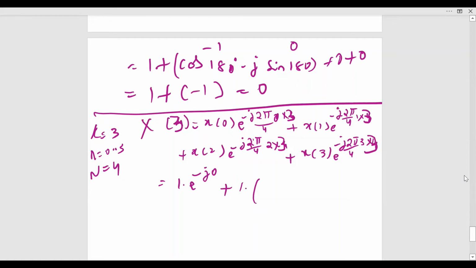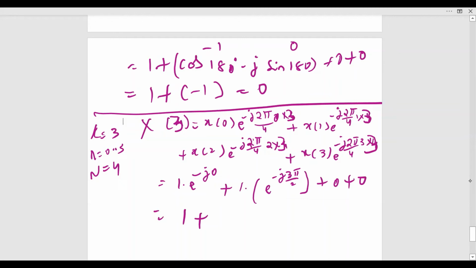Now this is equal to 1 into 1, plus 1 into e power minus j 3 pi by 2, plus x of 2 0, plus x of 3 0.